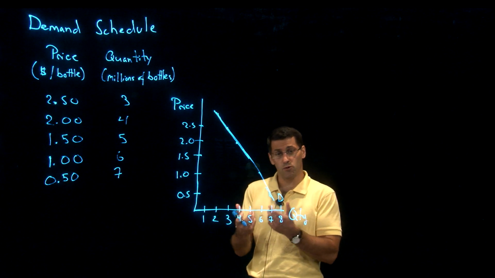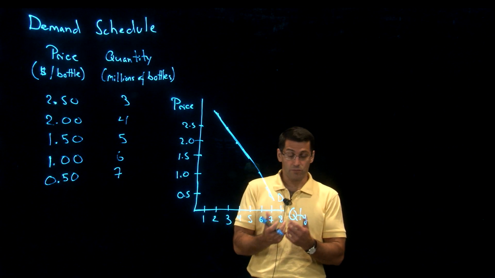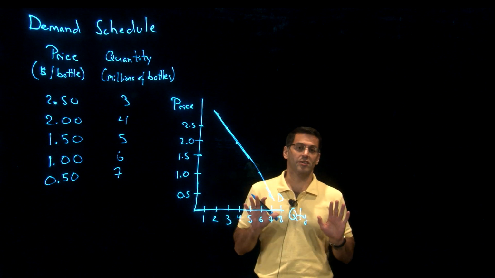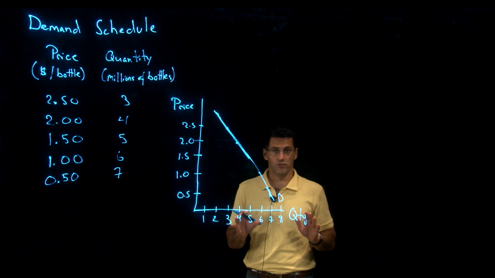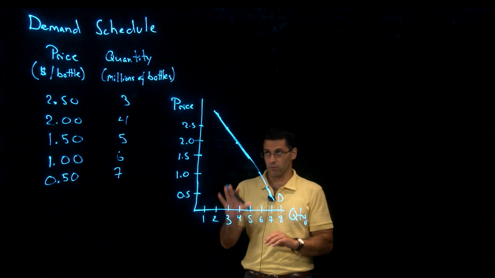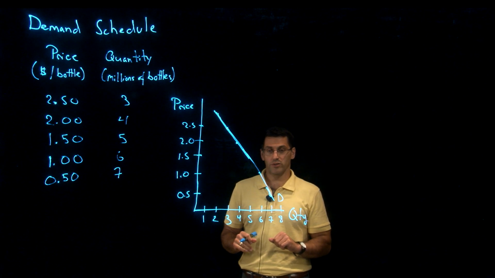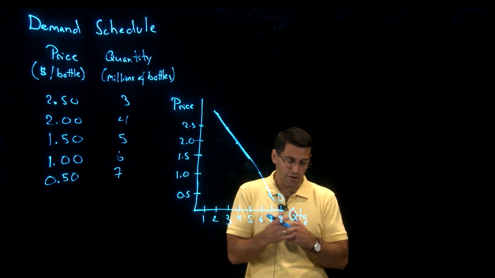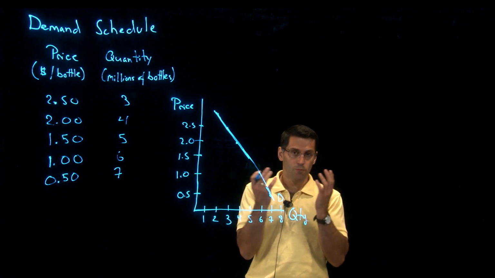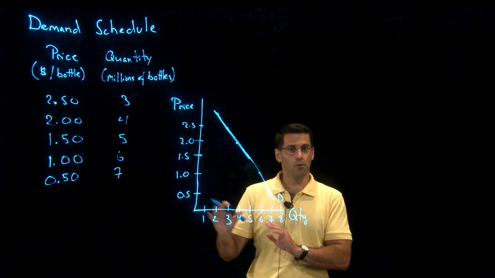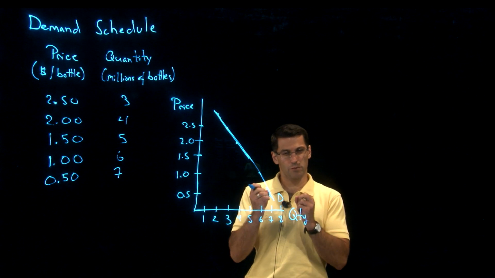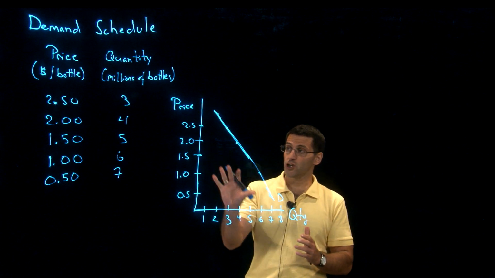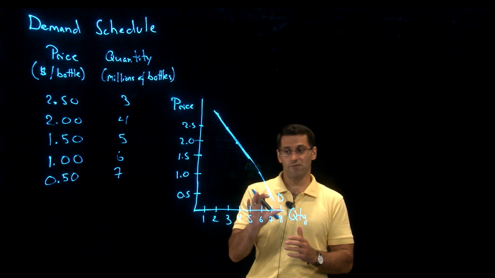Do we want to think on a more local level? Does it make sense to think about it per day, per week? But we're going to take a step back from all of those very important questions and take it as a given that we're looking at millions of bottles sold per day. We're not really defining the geographic scope of the market, but it's not important at this point. We just want to understand the basics of the demand curve and what affects its position in this graph.